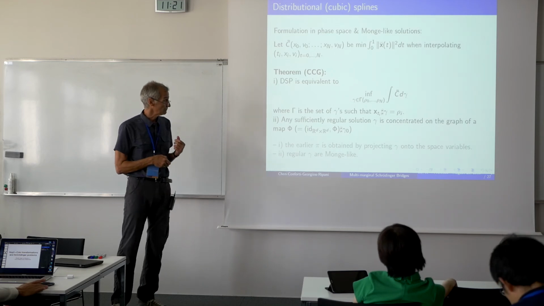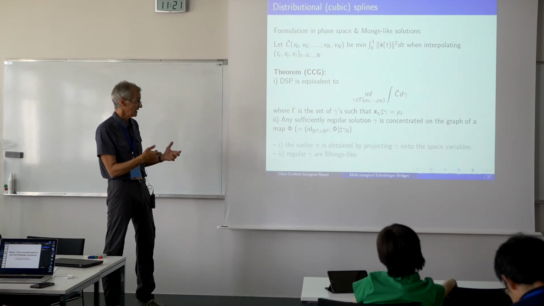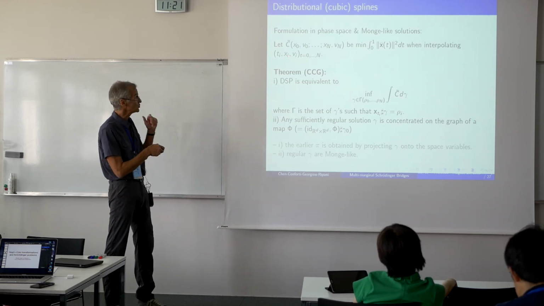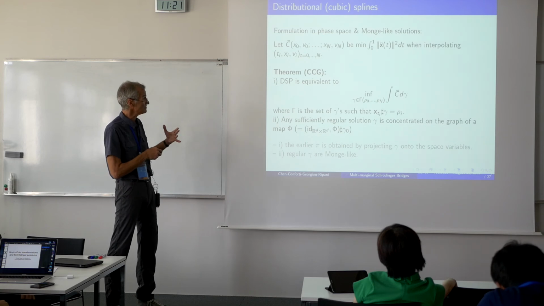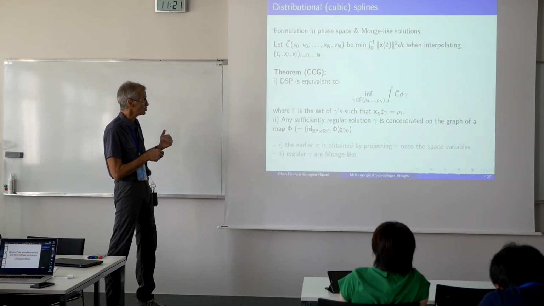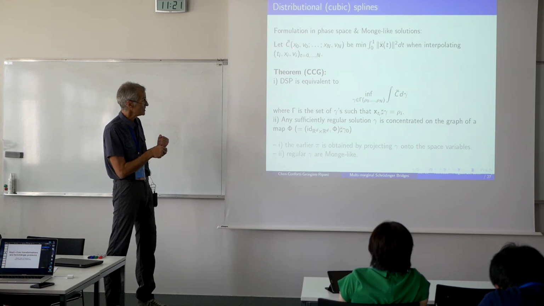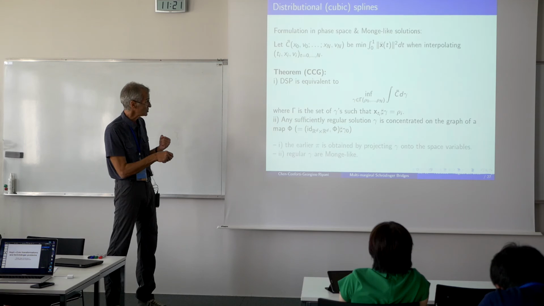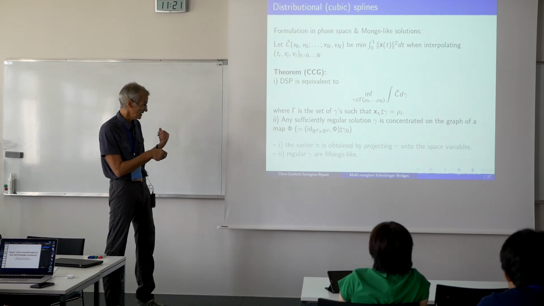Now, a nice alternative formulation is to expand a little bit the underlying space and look at the phase space, seeking Monge solutions. So you have a cost on a space of positions and velocities. You minimize again the acceleration, and you interpolate data like this, where the v_i's are free.